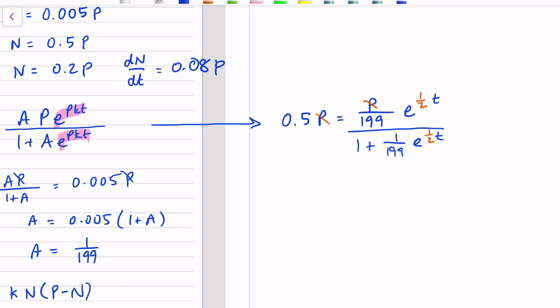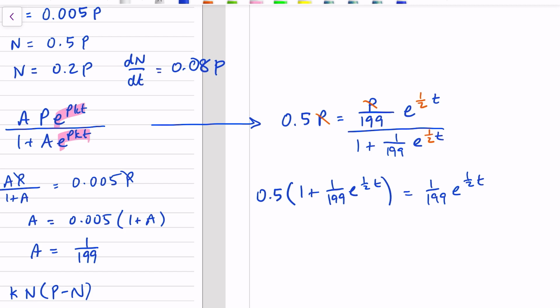Cross multiplication. Move everything that's got a t to one side of the equation. On the left hand side we've got half of 1 over 199 e to the half t.